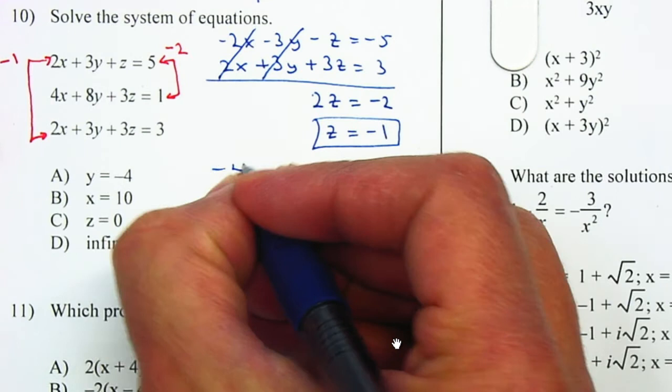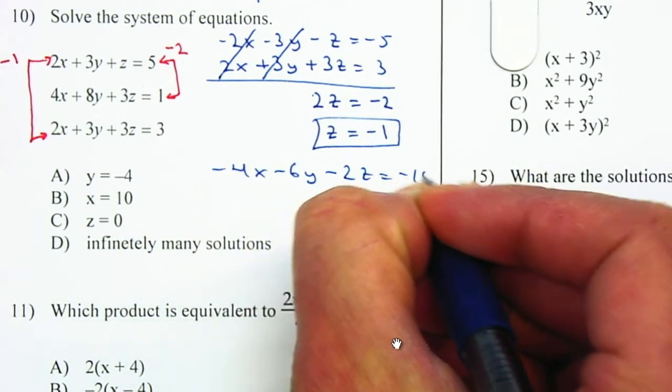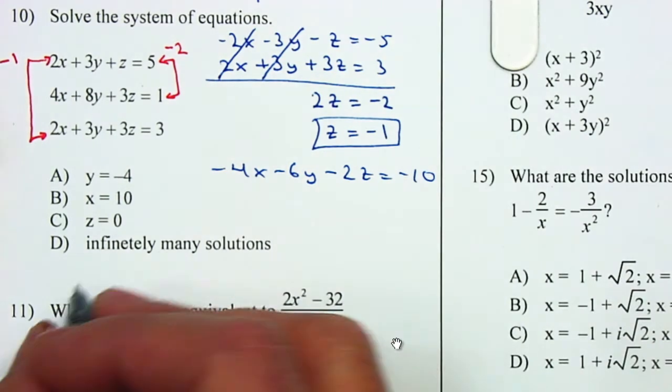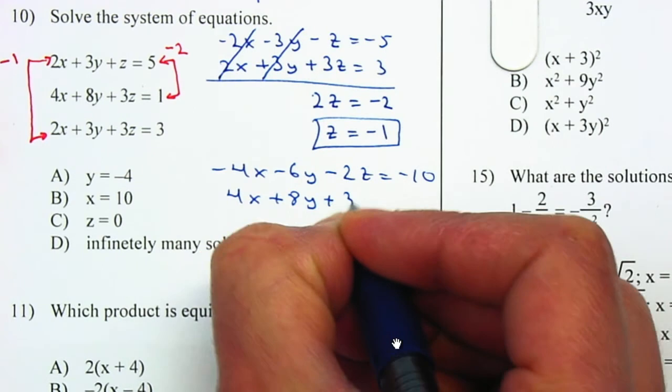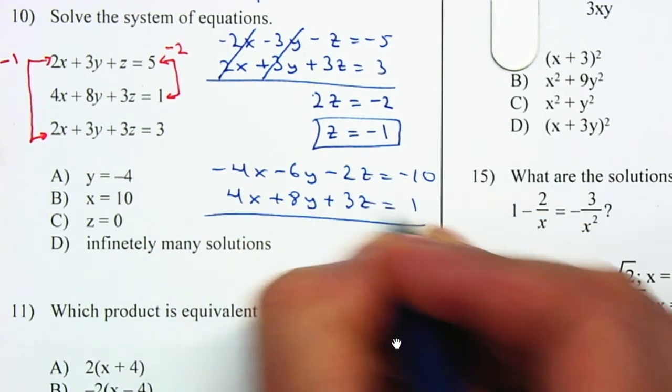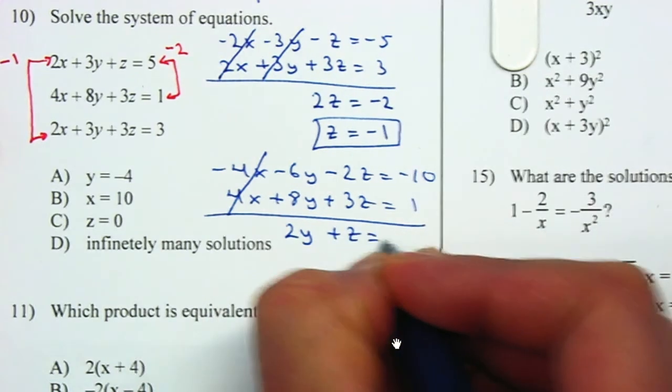So it gives me -4x minus 6y minus 2z is equal to -10. The second one stays exactly the same. That cancels, so it gives me 2y plus z is equal to -9.